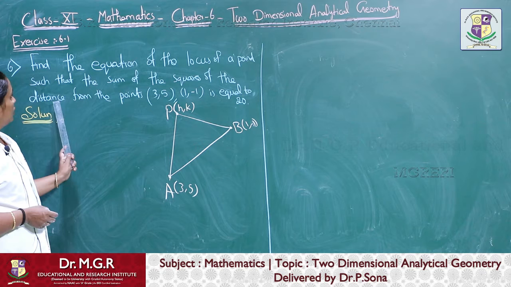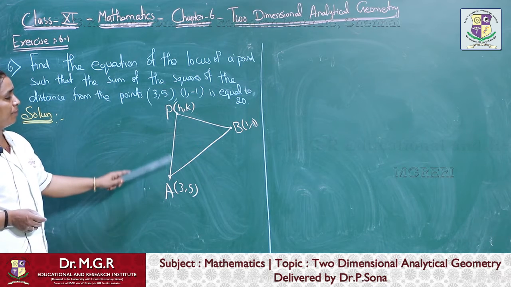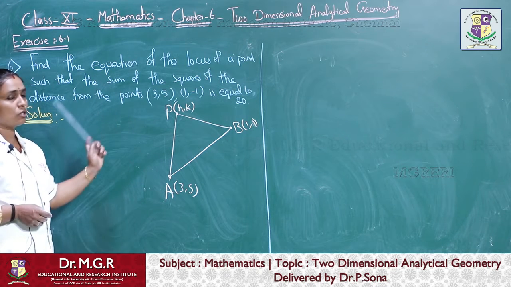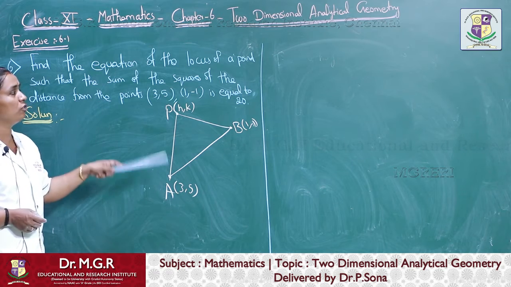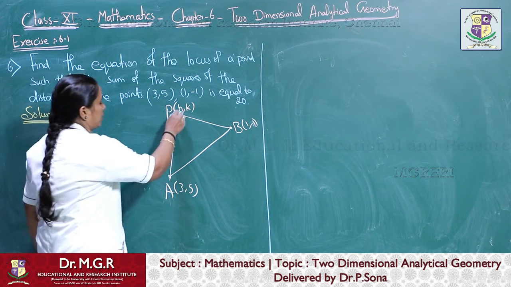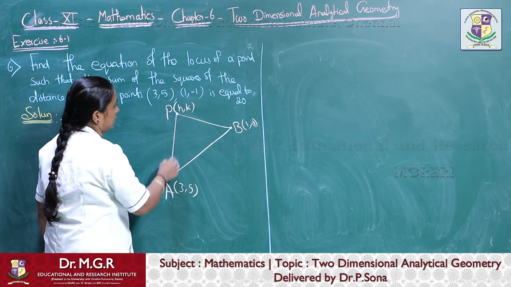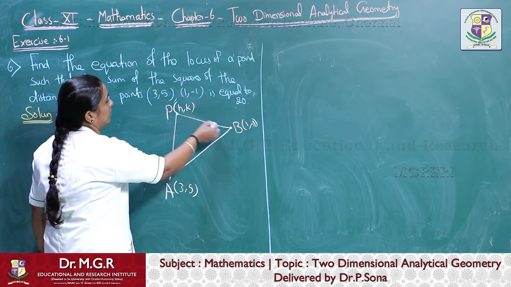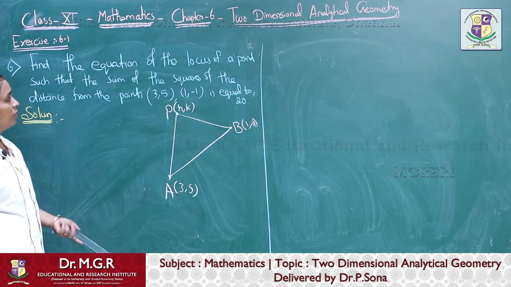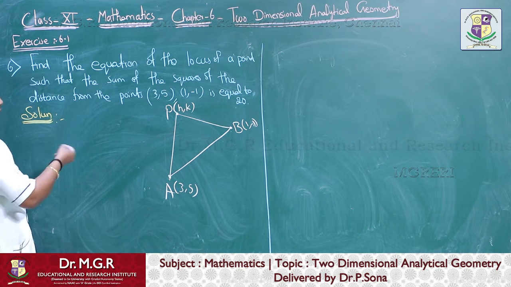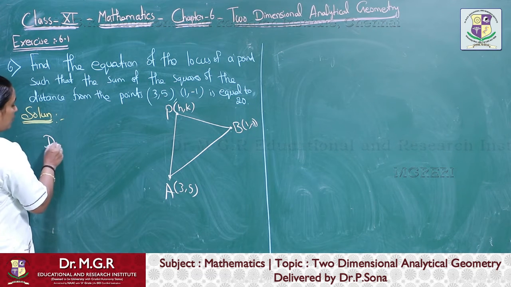So what is given in the question? The sum of the squares of the distance from the point P is equal to 20. So we can take the distance from A, that is PA square plus PB square is equal to 20. So distance formula we know already.